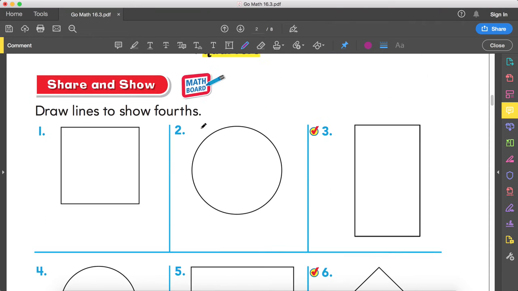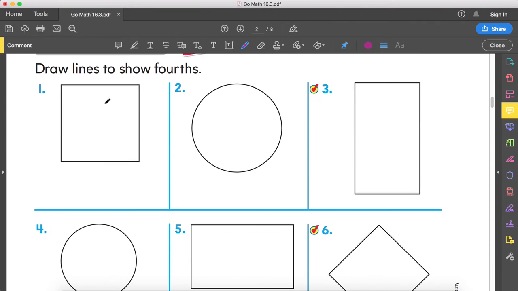Draw lines to show fourths. So you would draw lines down each shape to show fourths. 1, 2, 3, 4. Now this circle, divide it in half, then divide it in half again. Usually your best way is to divide it in half vertically and then horizontally again.